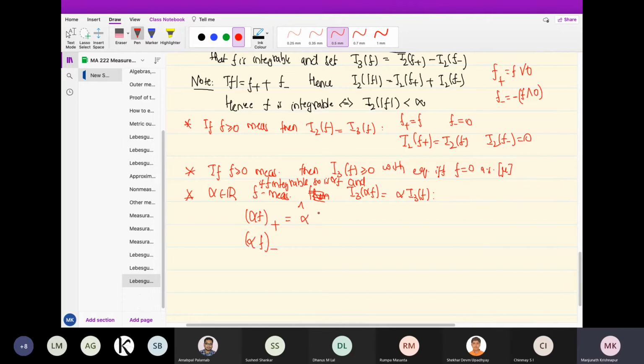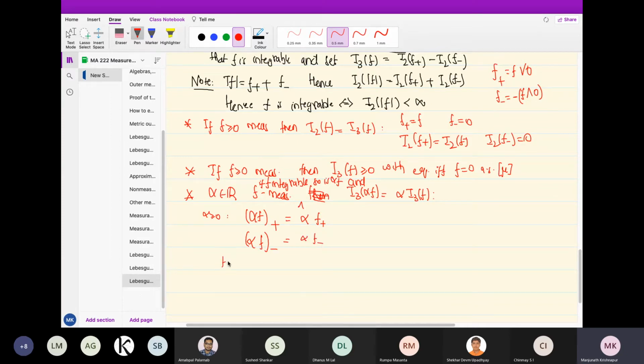Yes, so it is alpha times the positive part of f if alpha is greater than or equal to 0. But if alpha is less than or equal to 0, then it's not. Okay, so let's write the cases separately. First let's take the case alpha greater than or equal to 0. The positive part of alpha f is alpha f plus and the negative part of alpha f is alpha f minus.